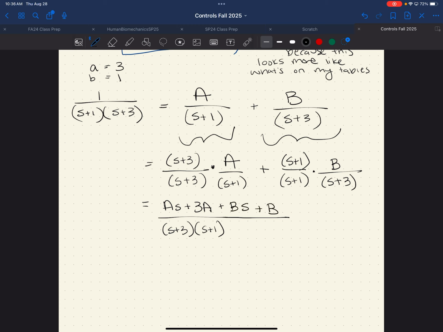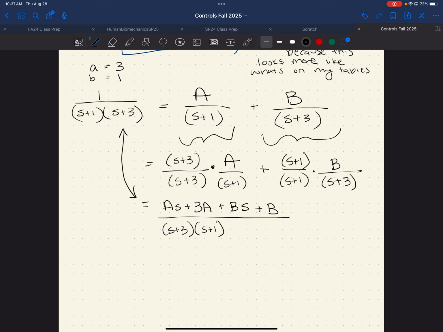Okay, let's compare these two things now. If these two things are in fact equal, the numerators have to equal and the denominators have to equal. The numerators look a little hairy, but the denominators are good. So let's compare the numerators, and let's arrange these as though they were polynomials in terms of s.